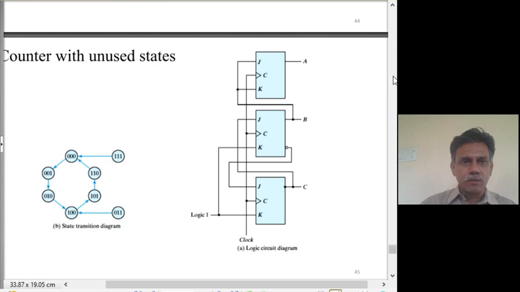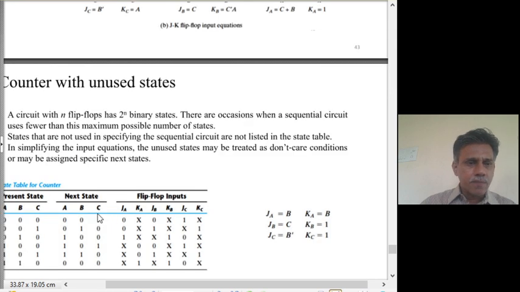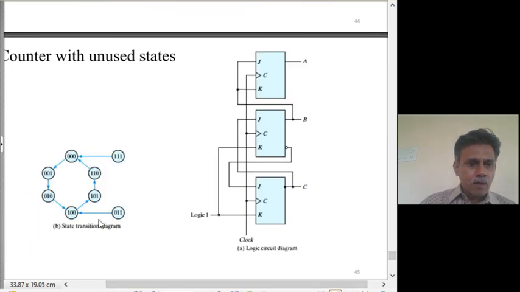The LSB is C. So, C is 1. So, a 1 will come to J, K is 1, so J, K are 1, 1, and B will also flip. So, this 1 flips to 0. In a similar manner, you have to do. So, this comes to the state 1, 0, 0. So, there is no problem. For a moment it will go to some unused states and then it will come back. So, it is not causing any harm.